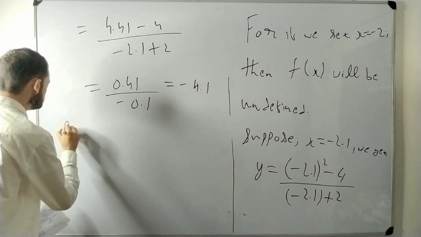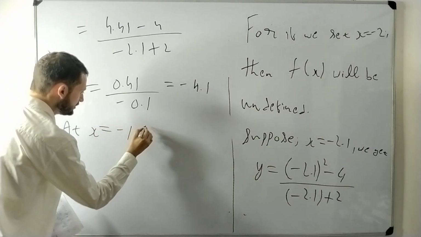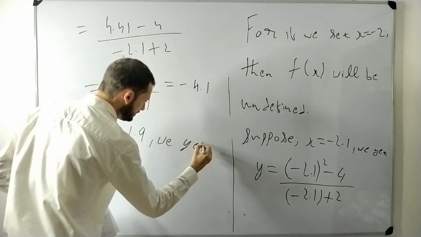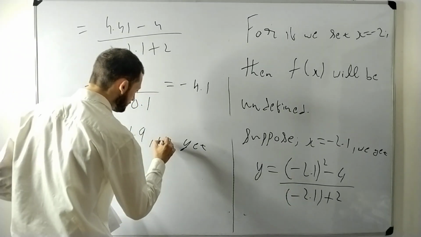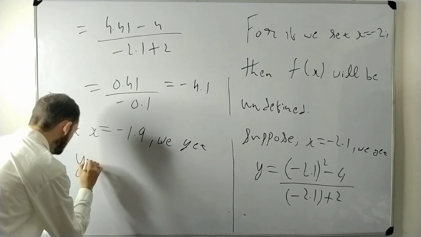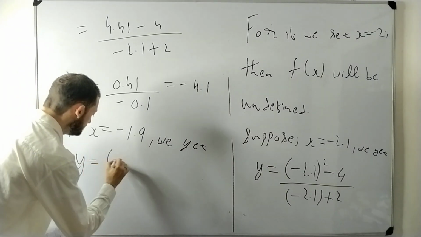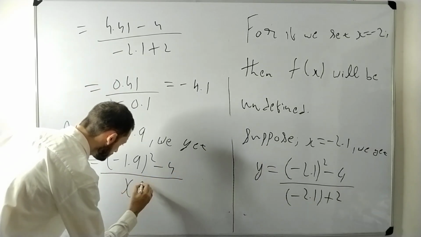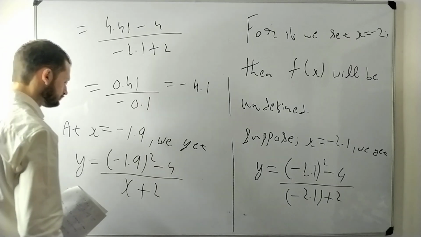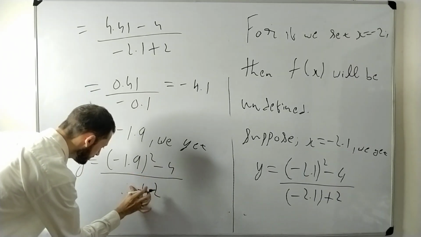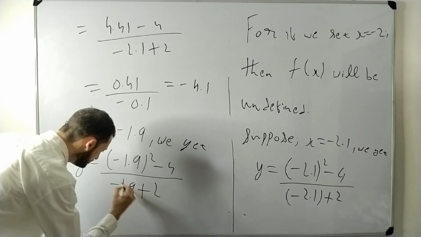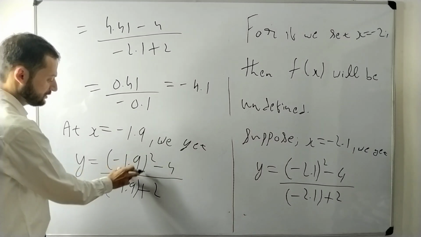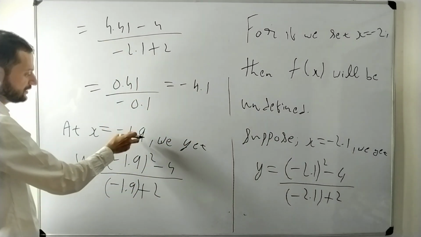At x equal to minus 1.9, we get what, students? Let y be minus 1.9 square minus 4 times minus 1.9 plus 2. Right, students? Now you would be saying, sir, why are we doing this, minus 2.1 and minus 1.9?